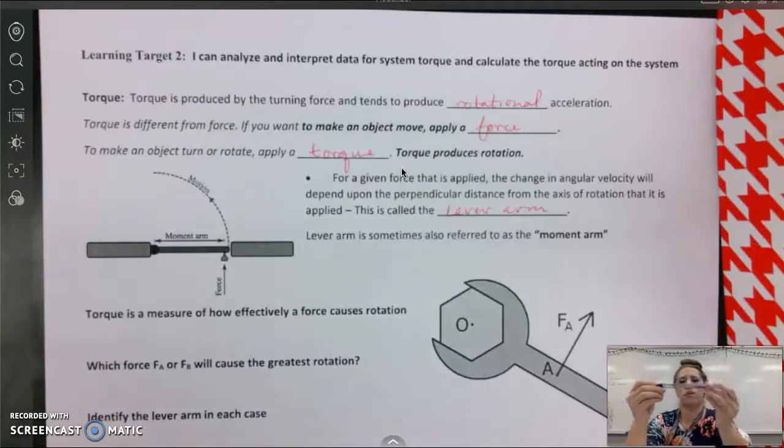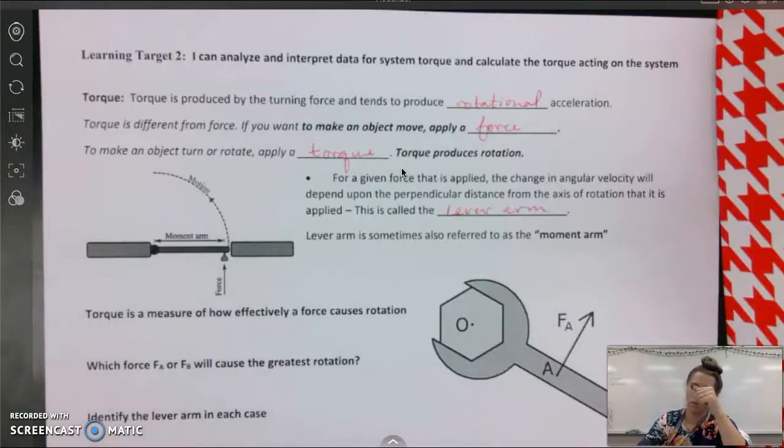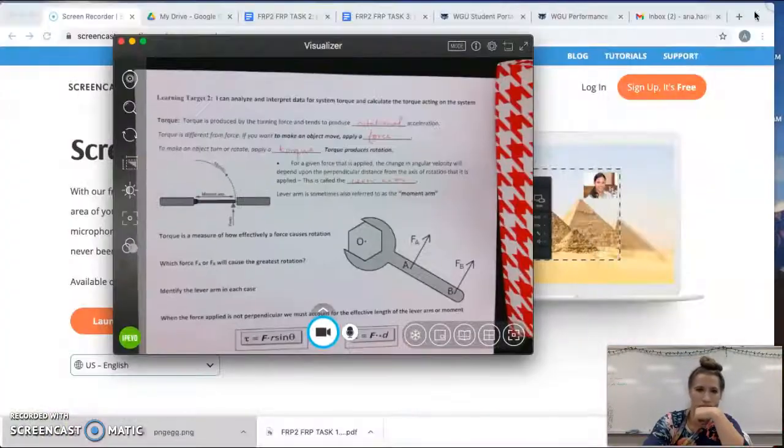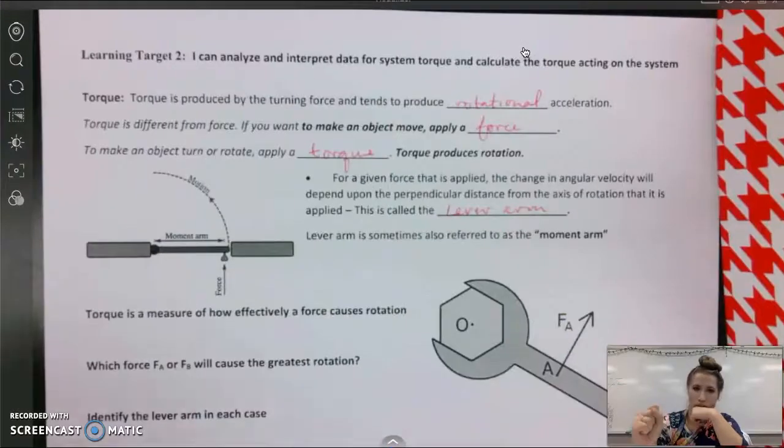In a little bit, we're going to talk about how if I push here, I have more torque than if I push there. I can push with a little bit of force here and it starts moving, but I have to push with a much harder force to get it moving when I'm closer to that lever, to that rotational point. Okay, so that's torque.